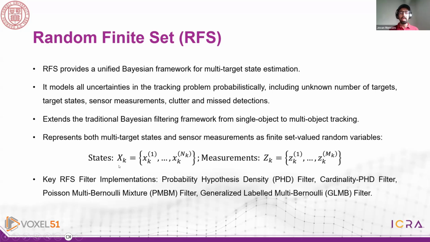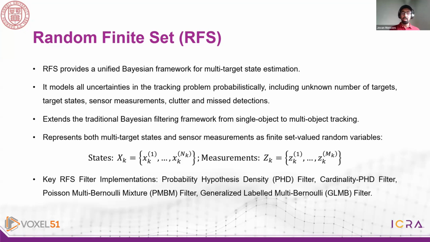So capital X_k represents the set, and each element in that set is essentially a target. And similarly, on the measurements, each measurement is represented by small z. And in this framework, both the number of measurements (m_k) and the number of states (n_k) are varying over time.